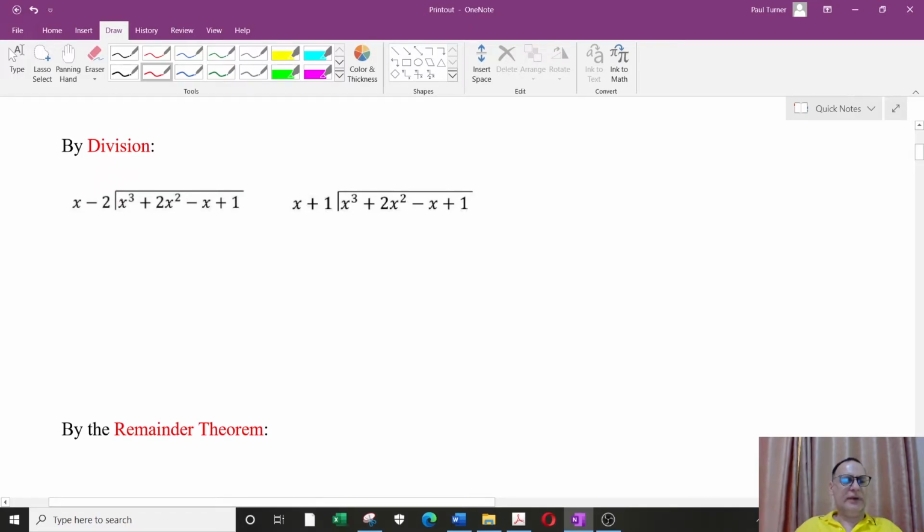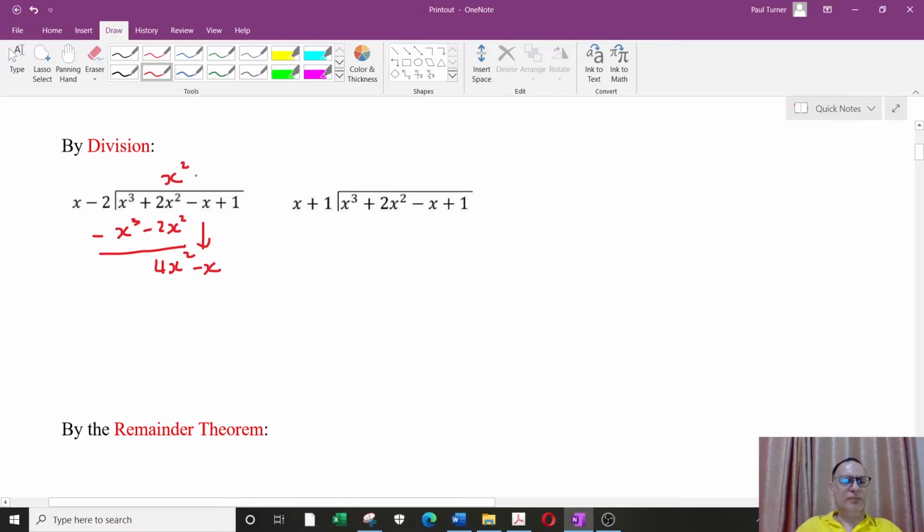So we have x and we have x cubed, which means that the top value is x squared times x cubed, x squared times minus 2, minus 2x squared. Then we subtract. 2 minus negative 2 will be 4x squared. Bring down your minus x.